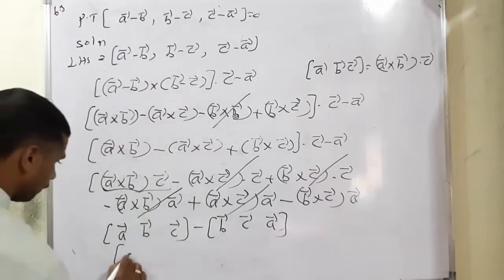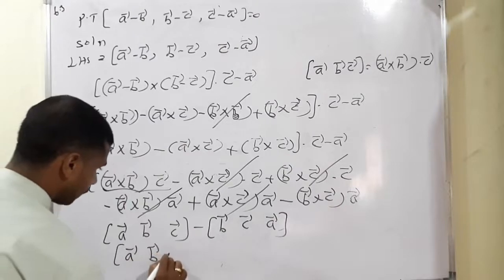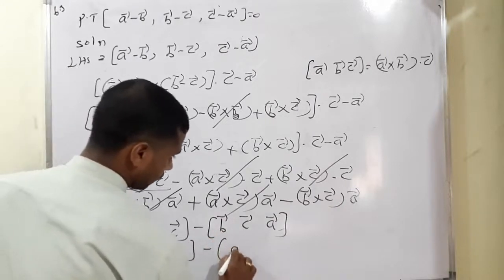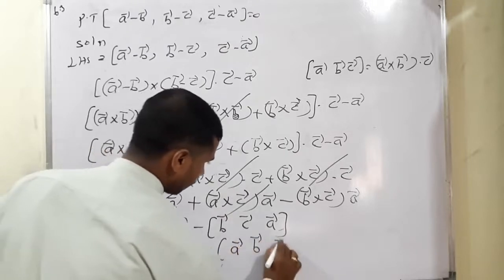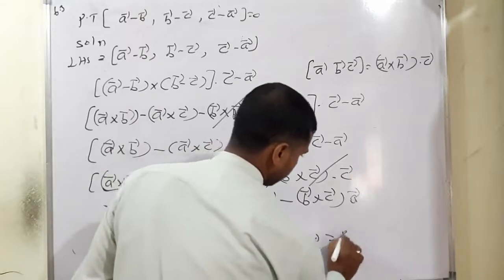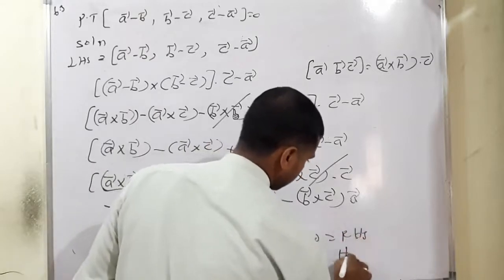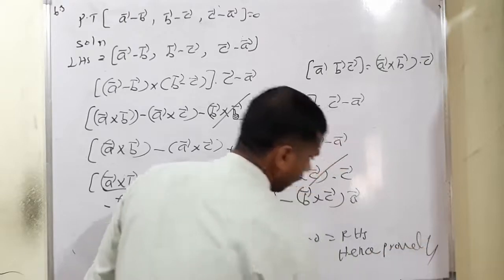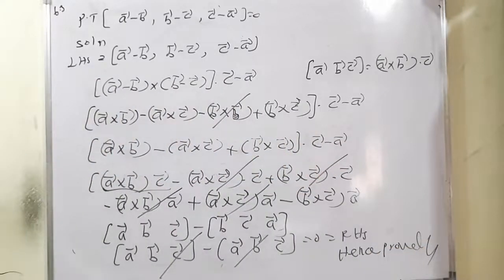According to the anticlockwise direction, we can write it as a vector, b vector, c vector, and they cancel, so definitely 0. This is the RHS. Hence proved. Okay, I will continue with the next question.